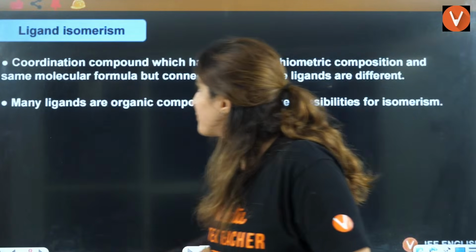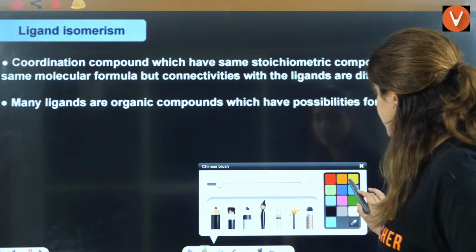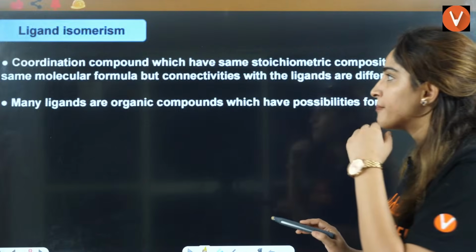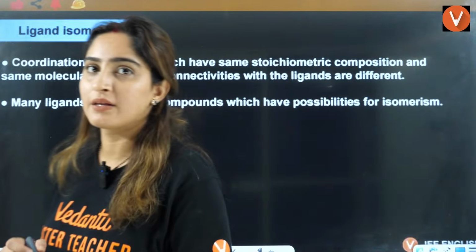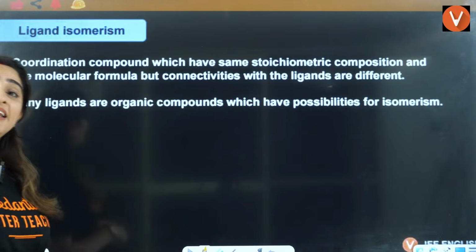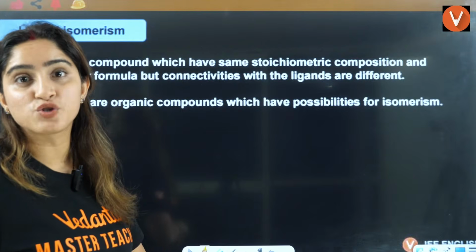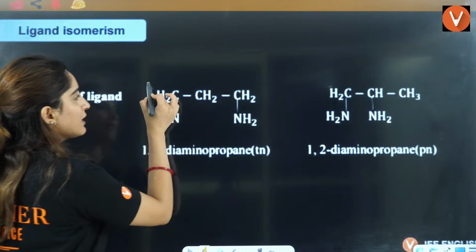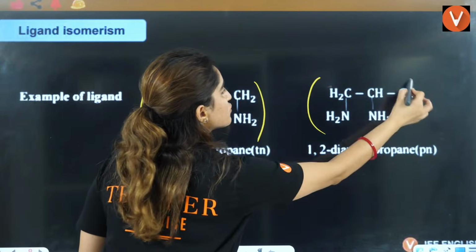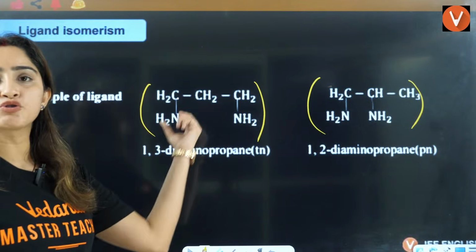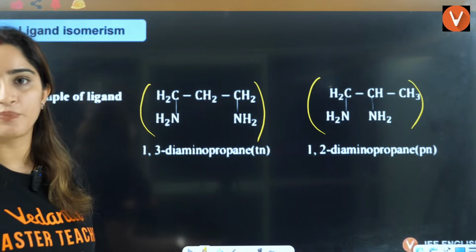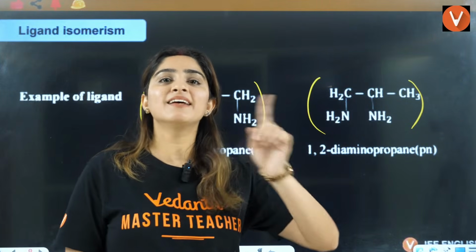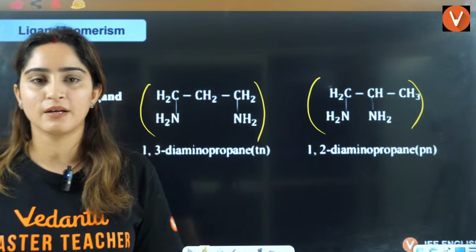Next is ligand isomerism. What is ligand isomerism? In this, the ligand is itself an isomer, right? So what you will see, here you have this ligand or you have this ligand. If you see, the formula of these two ligands is the same. Here, the ligands are isomers of each other, right?